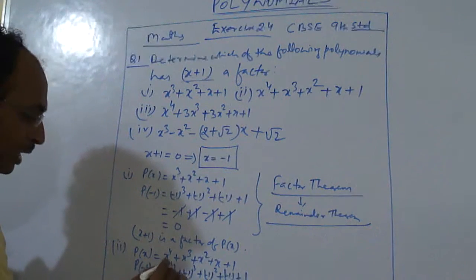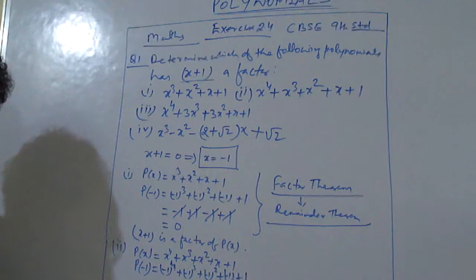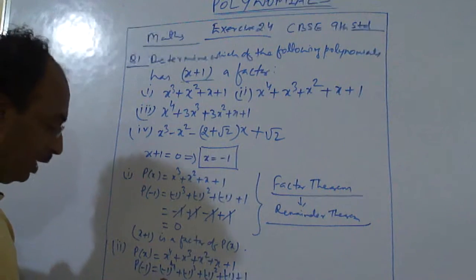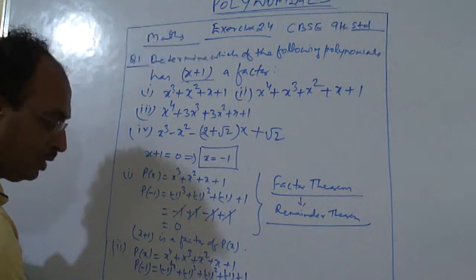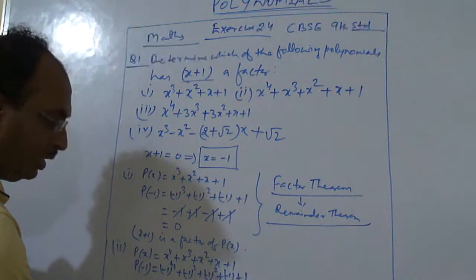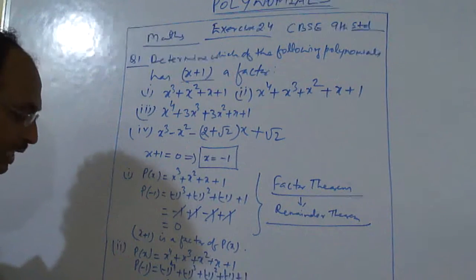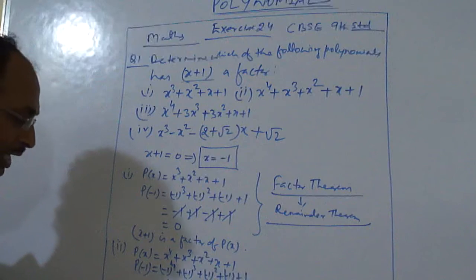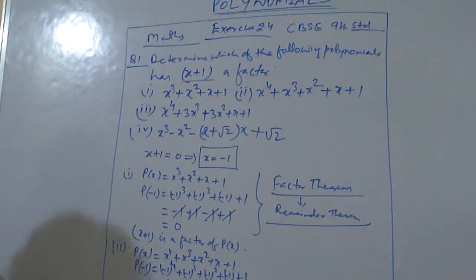So it is giving you minus 1 to the power 4. Bharat, what will it be? Minus 1 to the power 4 is plus 1, minus 1, plus 1, minus 1, plus 1. So 1 minus 1 got cancelled, 1 minus 1 got cancelled and we got remainder 1. In this case the remainder is not 0.